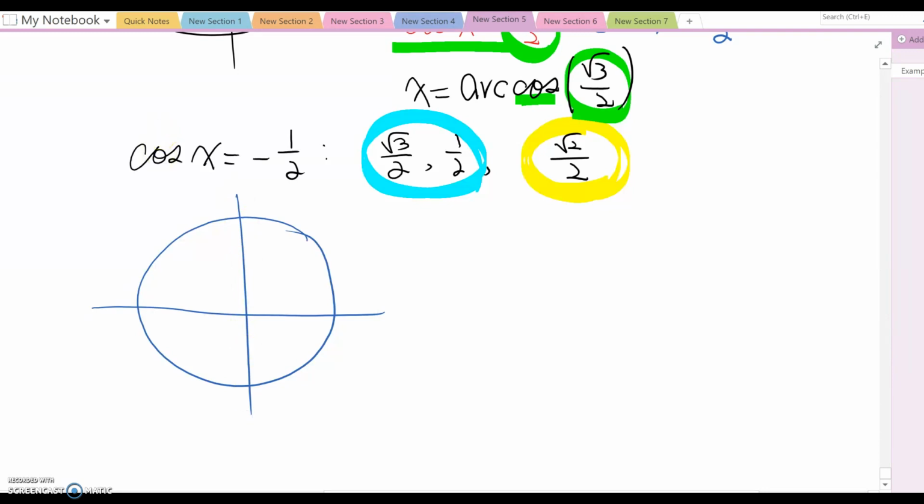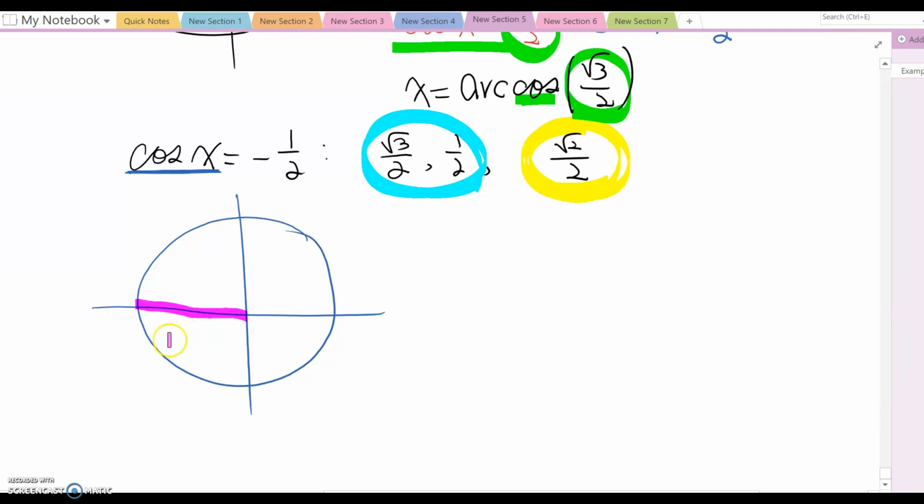Since cosine x is the x value, you're finding where negative 1 over 2 is located. Since this whole length equals 1, now we can find negative half.